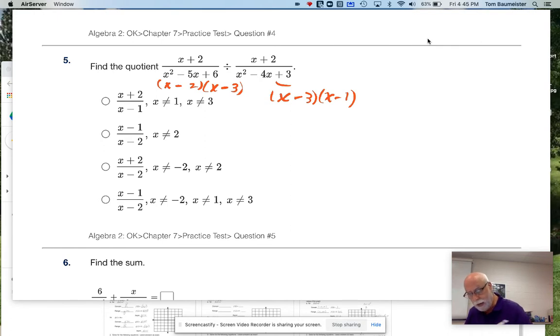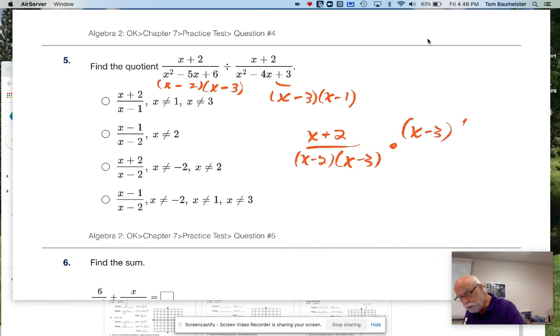When I'm dividing, I'm going to take the first one, it's going to stay the same, and x minus 3. And remember, I flip the second one and I multiply. So I'm going to have x minus 3 here, and I'm going to have x minus 1. And on the bottom of this one, I'm going to have x plus 2.